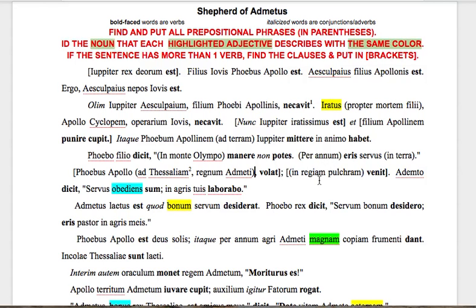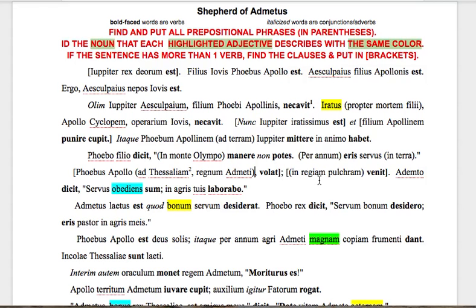So by marking the clauses and the prepositional phrases within the clauses, you take something that's long and maybe confusing about where to put all the words, and you make smaller chunks. And by making the smaller chunks, you make the sentence more manageable. That's really the point behind finding your prepositional phrases and your clauses.